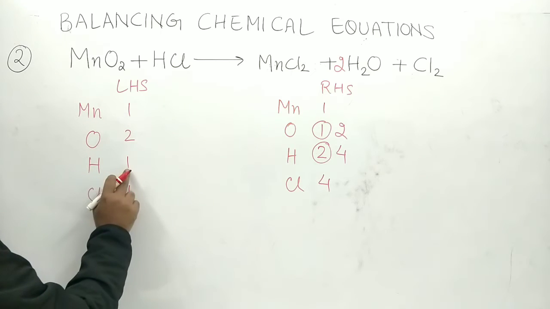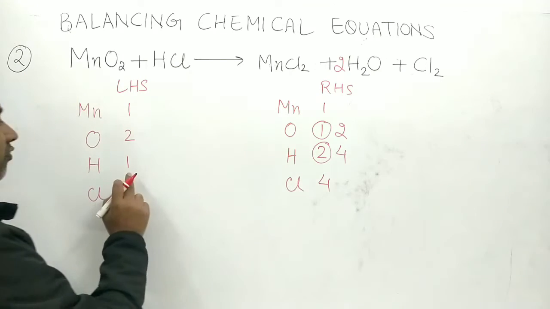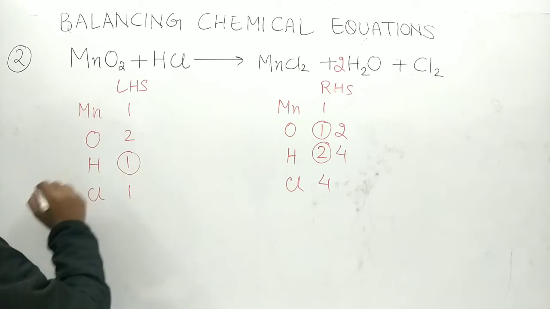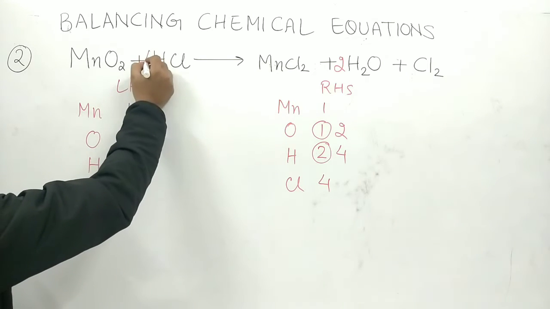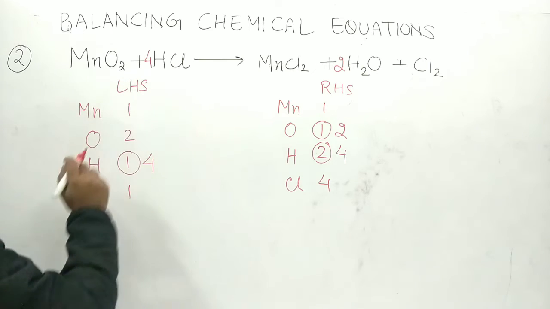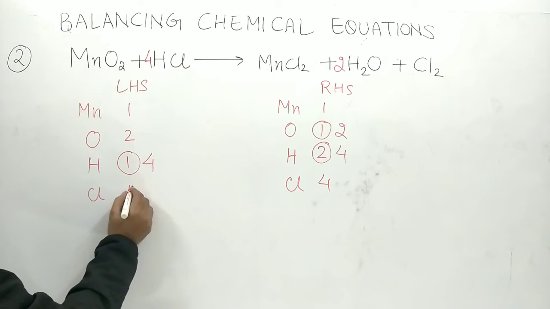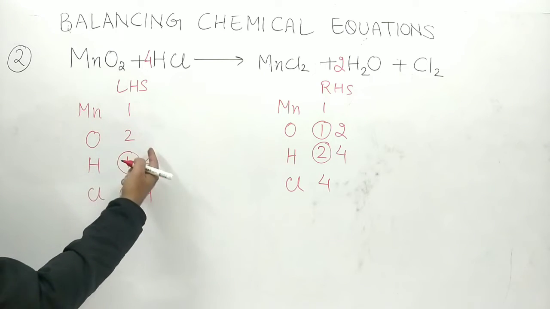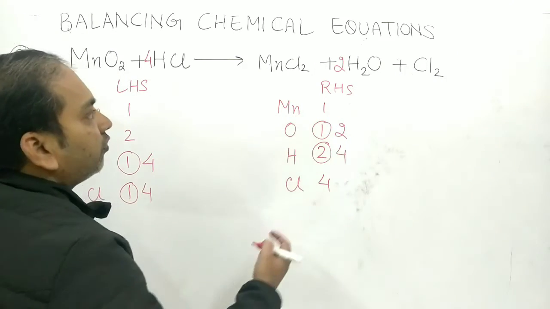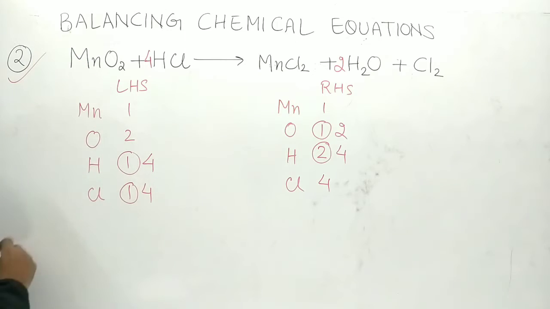Now this hydrogen is 1 and this is 4, so I have to make it 4. I can make it 4 just by multiplying this by 4. But at the same time the chlorine increases from 1 to 4. This becomes also 4. So now you can see 1 2 4 4 and 1 2 4 4, and this is again a balanced equation.